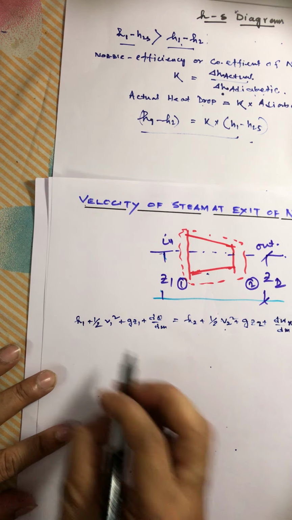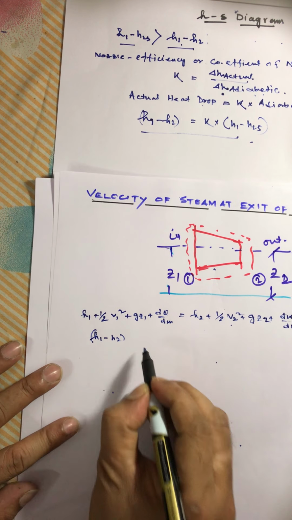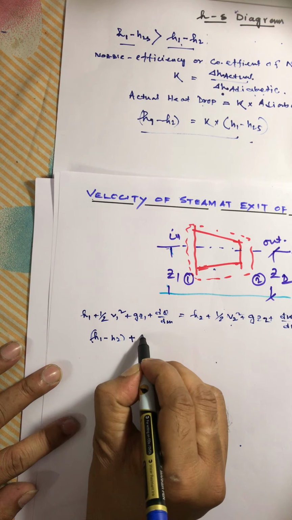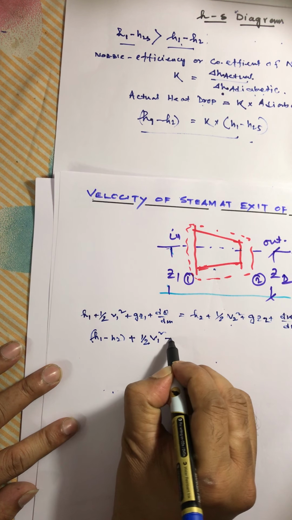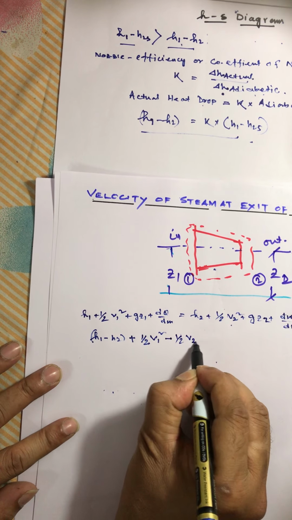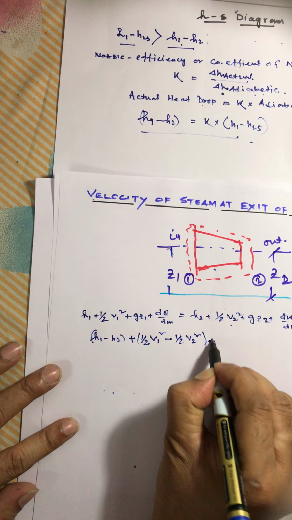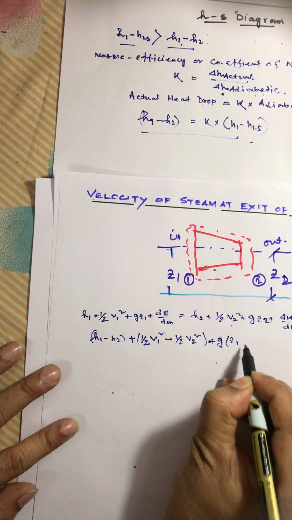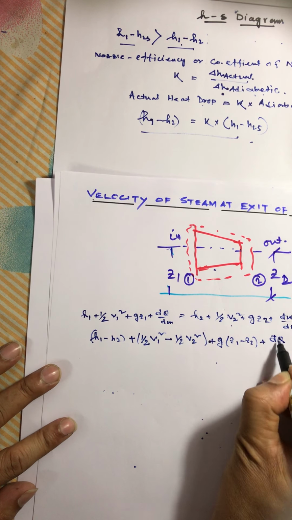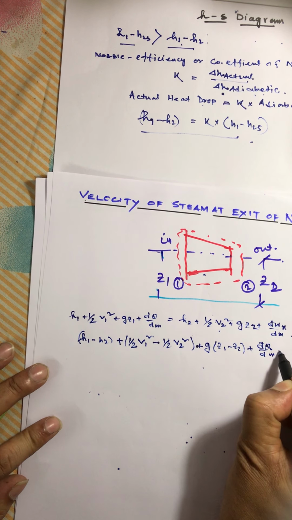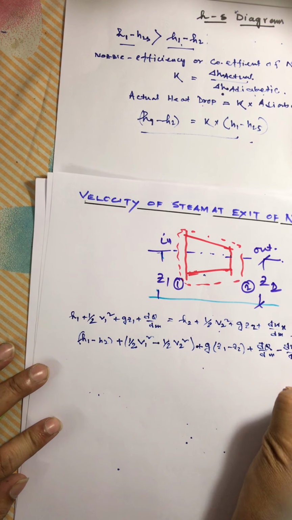This equation can be written as H1 minus H2 plus half of V1 square minus half of V2 square plus Z1 minus Z2 plus dq by dm minus dwx by dm is equal to 0.